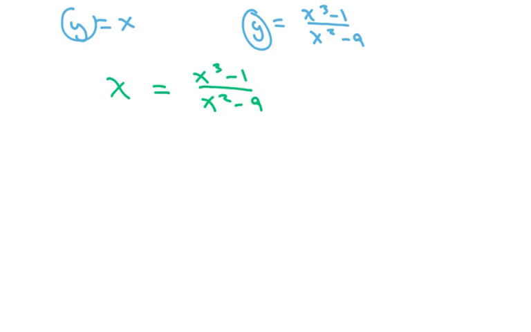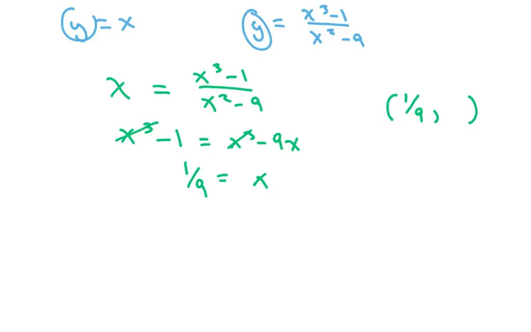When I cross multiply, I'm going to get x cubed minus 1 equals x cubed minus 9x. The x cubes cancel, so x equals 1/9. So when x equals 1/9, since it does intersect the oblique asymptote, we're going to plug 1/9 into our h of x.